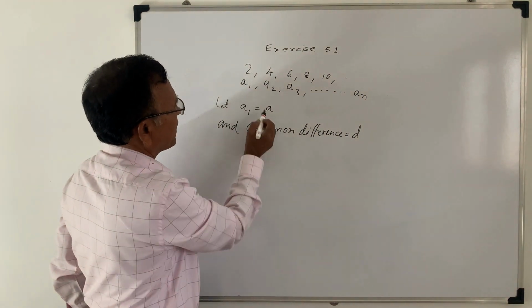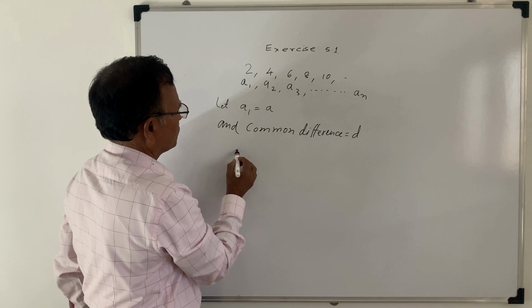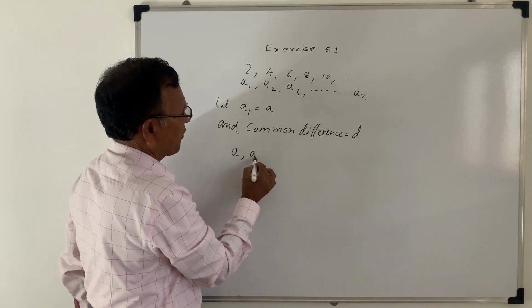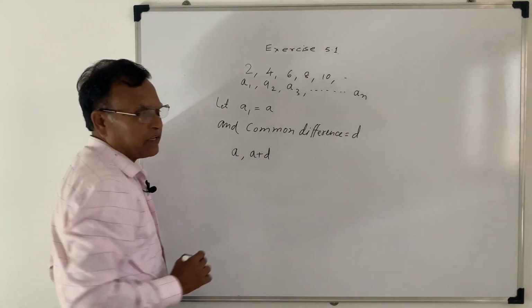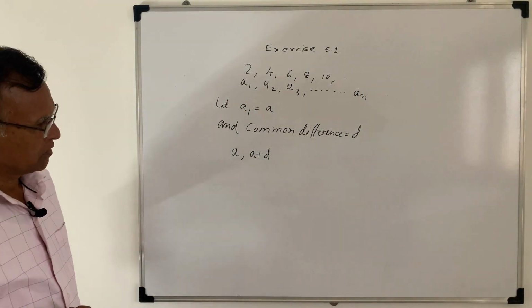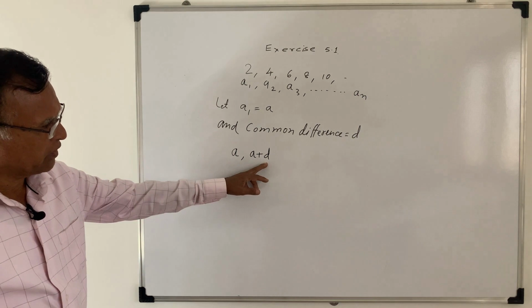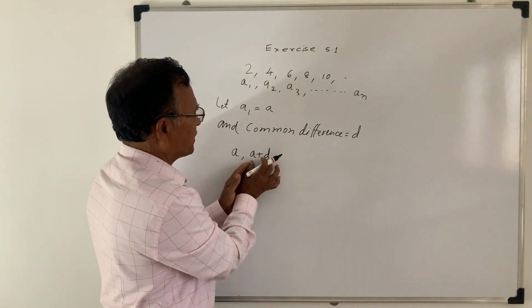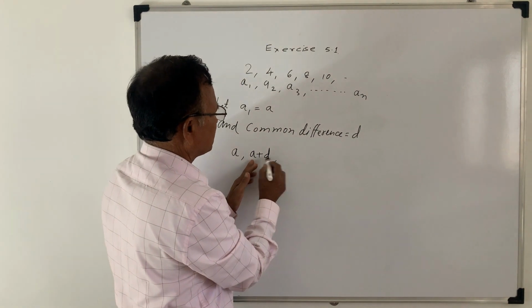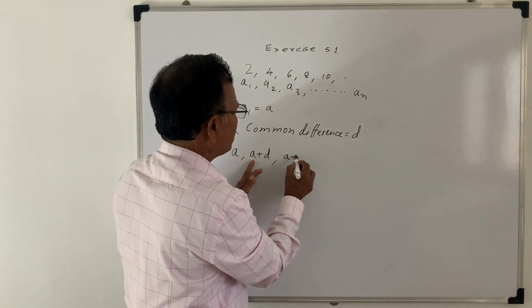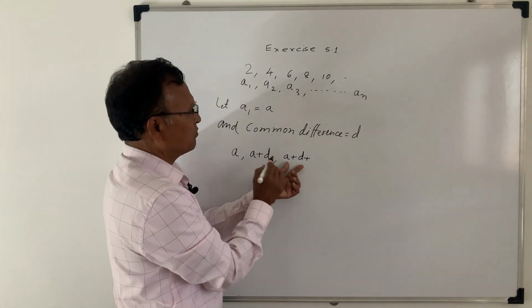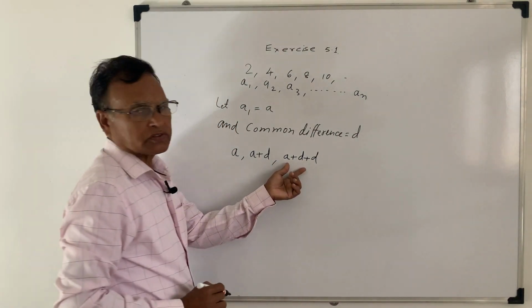So first term is A. So next term will be A plus D, by adding D here. Third term will be A plus D plus D, second term plus common difference.